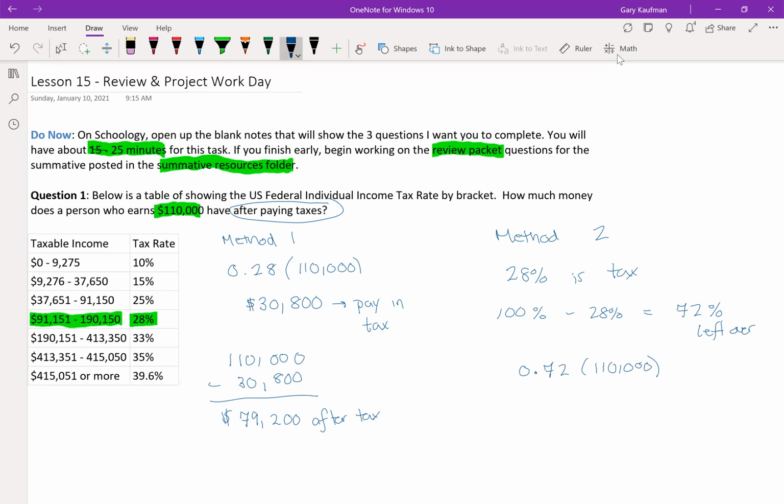And this ends up equaling $79,200 after tax. So either method will get us the same answer. Again, I use the equation. You can find the unit rate, 1%, and then manipulate that to get 28% or 72%, and we'll still get you the same answers. So that's question one.